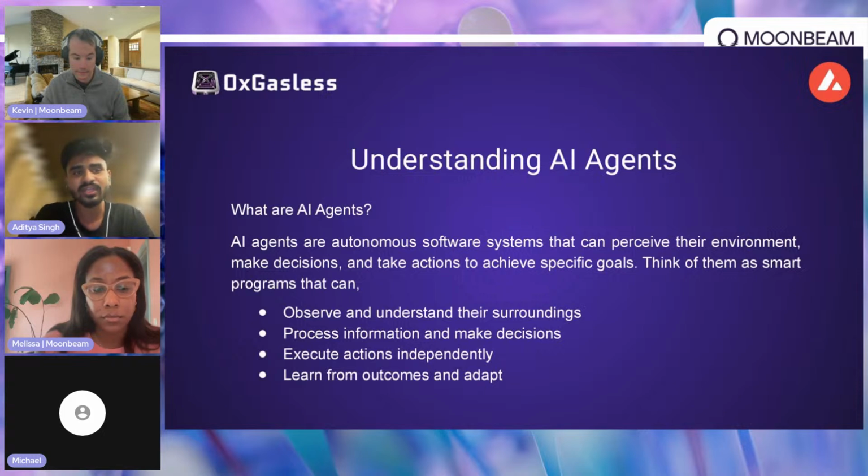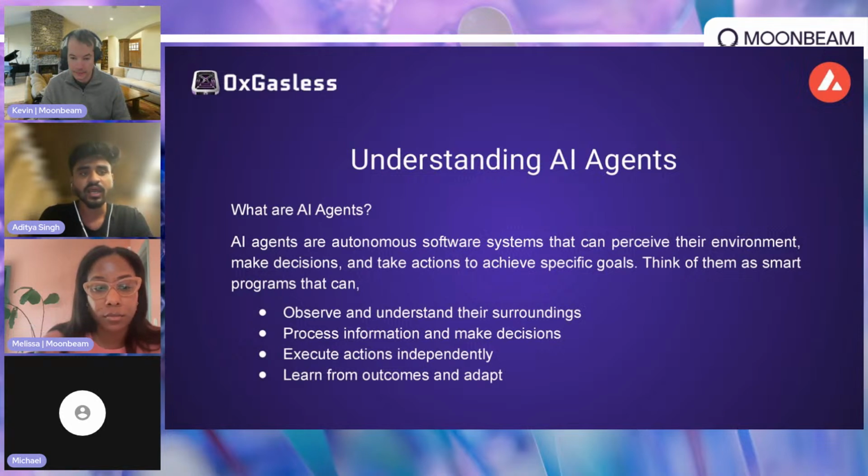Before doing a transaction, they have to take certain permissions from the user. So what we are doing is providing financial autonomy to that agent while maintaining the security of the assets that they are holding.